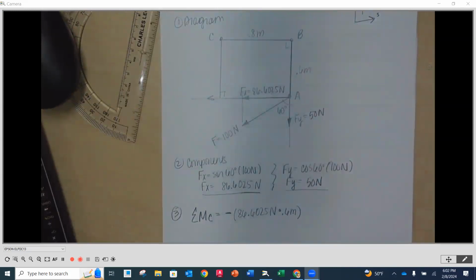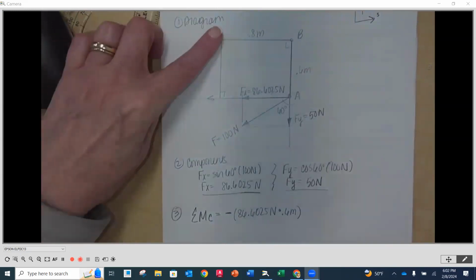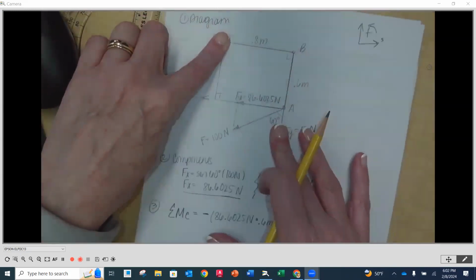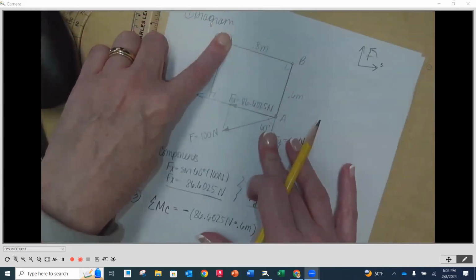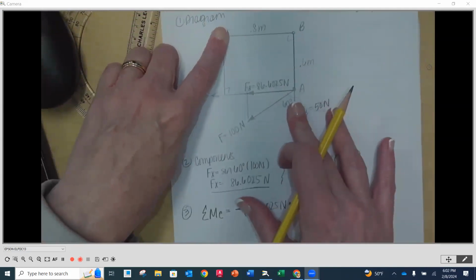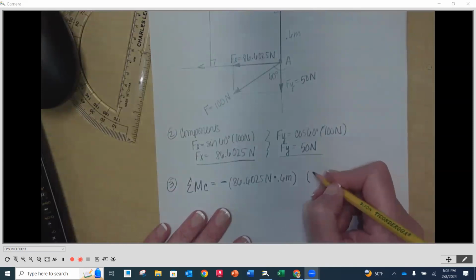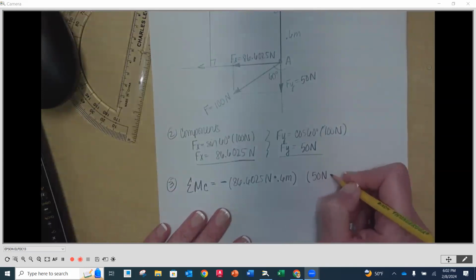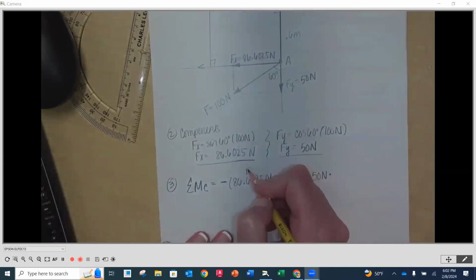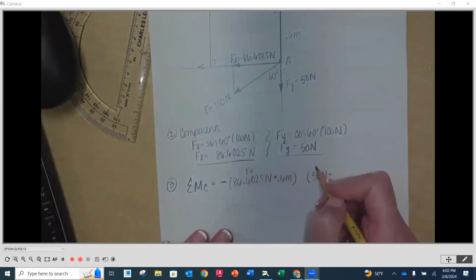Now let's check the Y. If I put my finger on C and I pull in the direction of Y, it also causes a rotation. So I'm going to start my parentheses with the magnitude of my Y, which is 50 newtons, right? So I'm going to put Fx above this one and then Fy above that one.